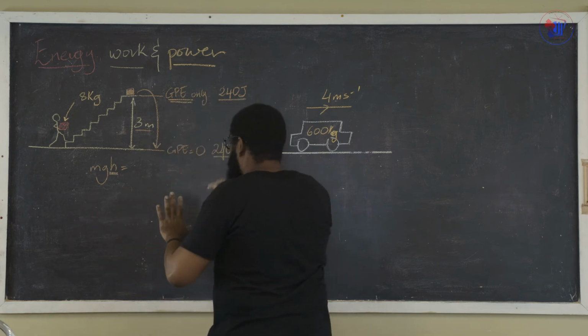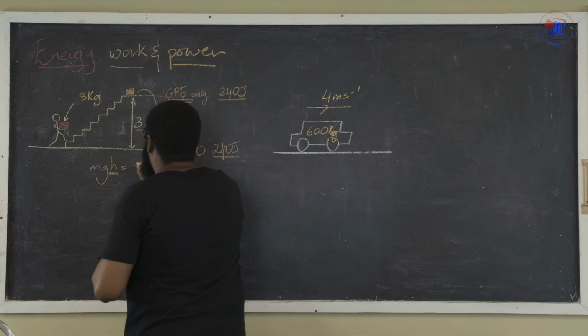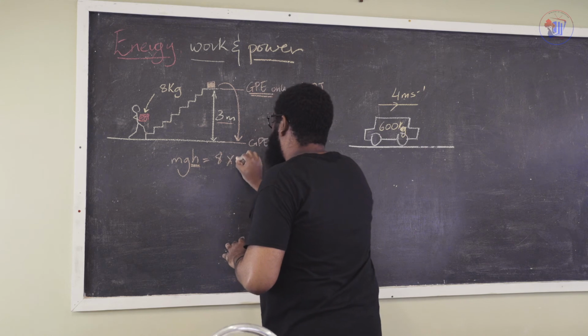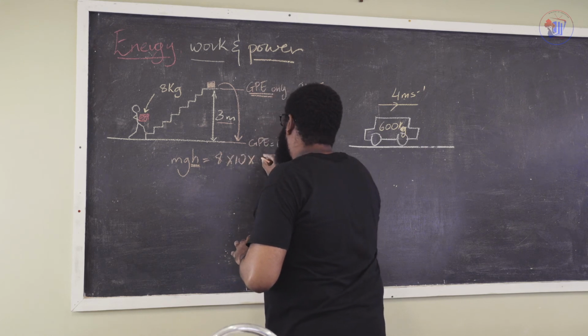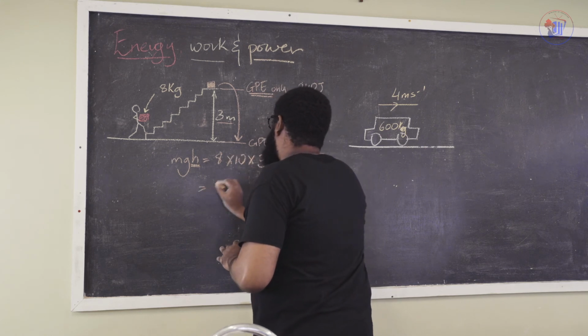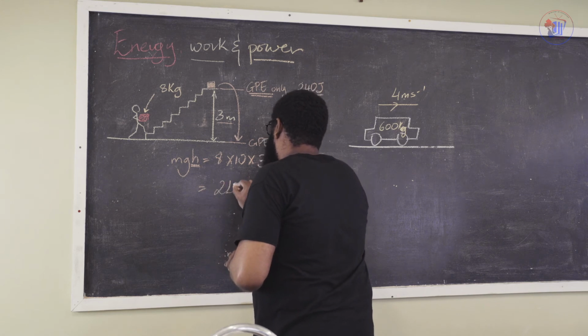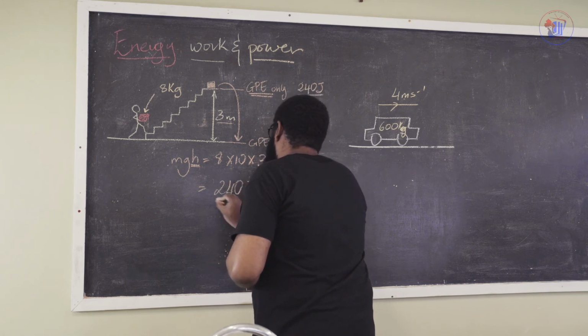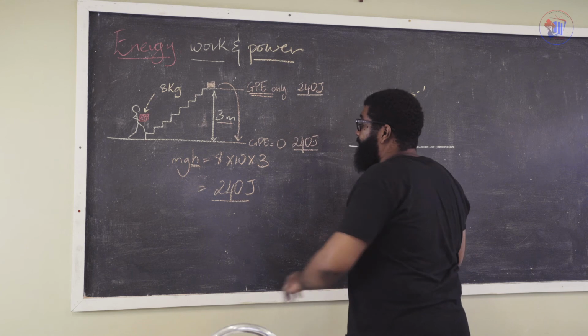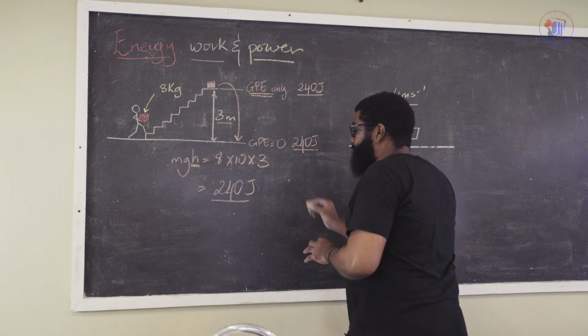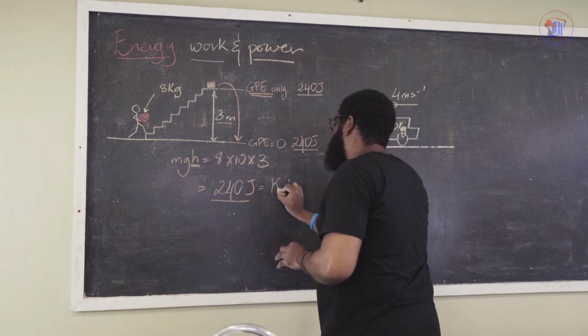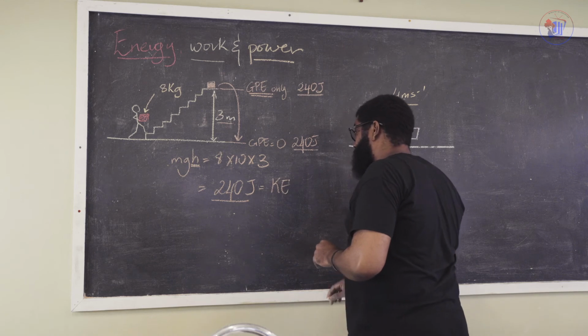I know I did it here, but I'm doing it one more time. Mass is 8, we take g as 10, and height is 3. So 8 tens are 80, and 3 eights are 24. And this is our answer, 240 joules. This 240 joules would be equal to the object's kinetic energy just before it hits the ground.